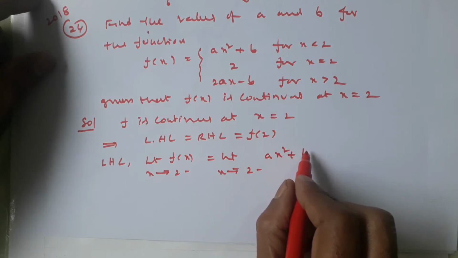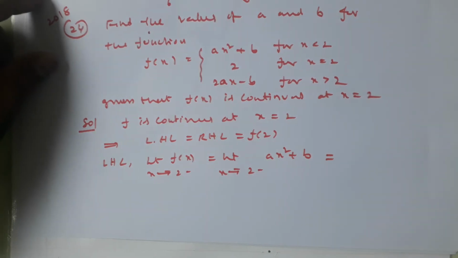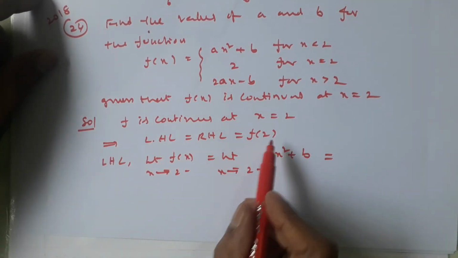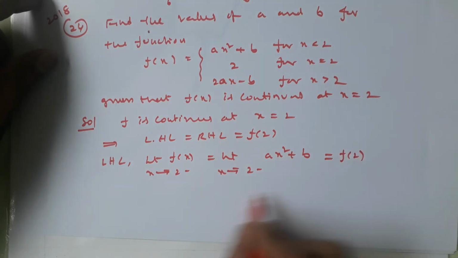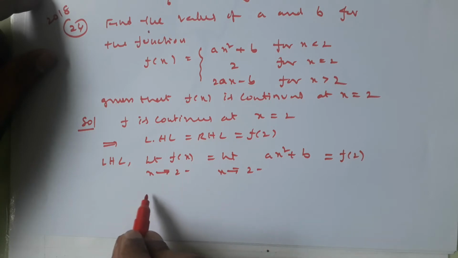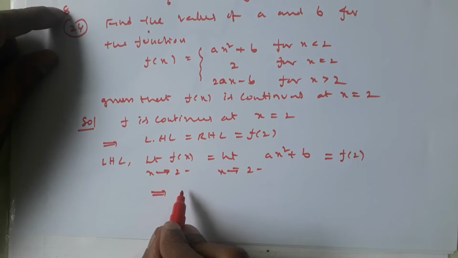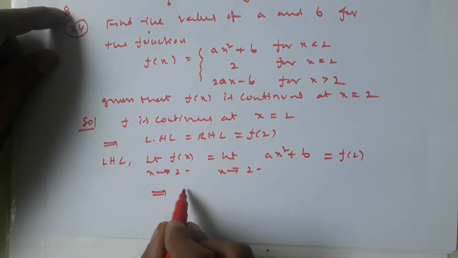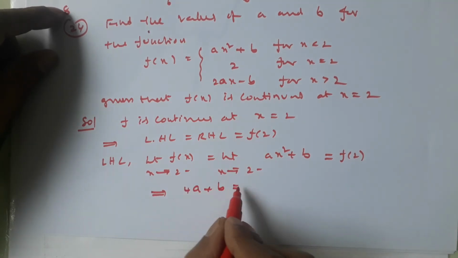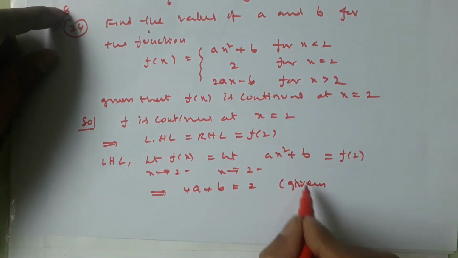Since LHL is equal to RHL, which is equal to f of 2, this implies 4a plus b, and f of 2 is given as 2.